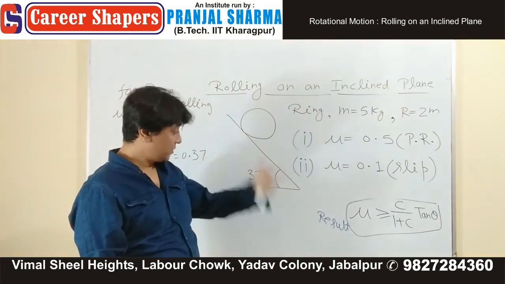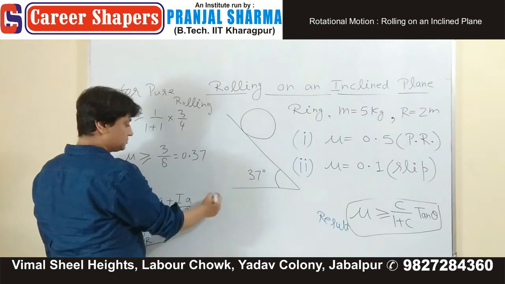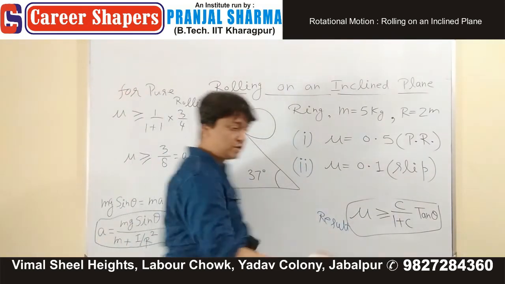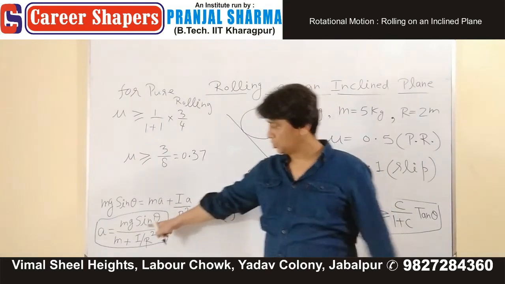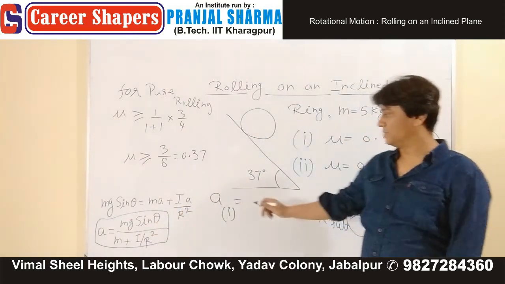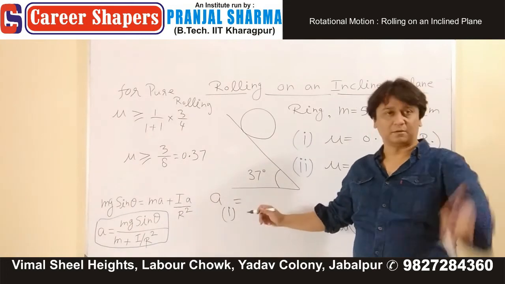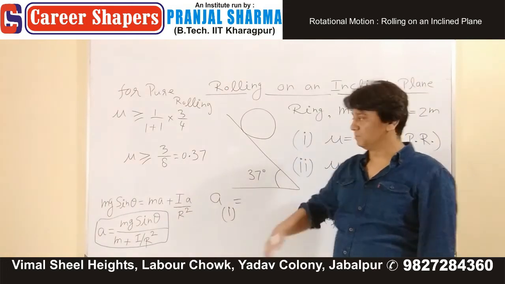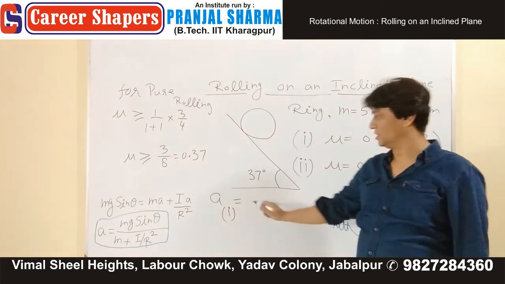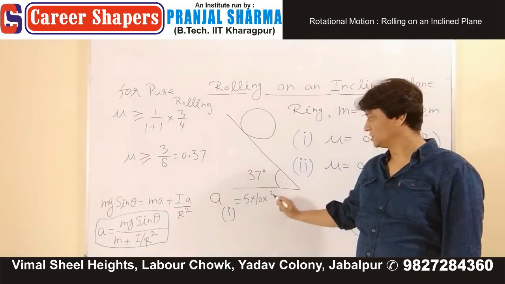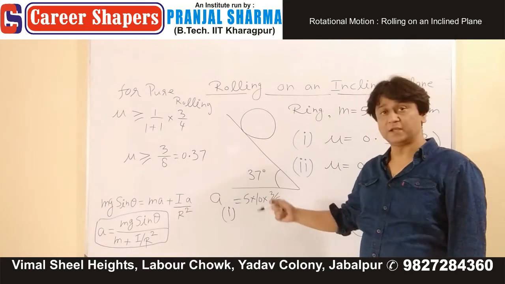So for acceleration, in the first part you can write acceleration using this. You have the equation mg sine theta upon this. Well, this is something you can do. M is given, g is known, sine theta is 3 by 5, sine 37.